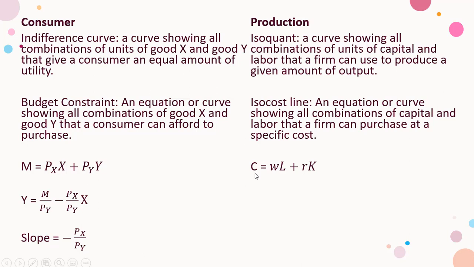And the cost equation here is total cost equals W times L, so the wage times units of labor, plus the price of capital times units of capital. And if you're going to solve this for K to make it easier for graphing, you get the following equation. Here again, the slope is negative, and it equals the wage divided by the price of capital.